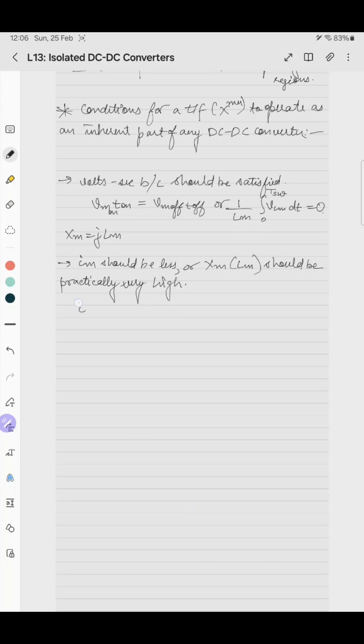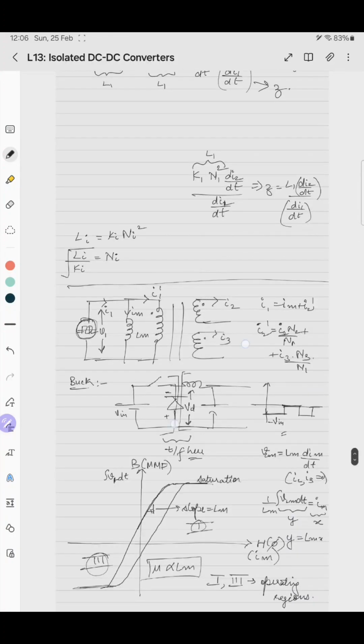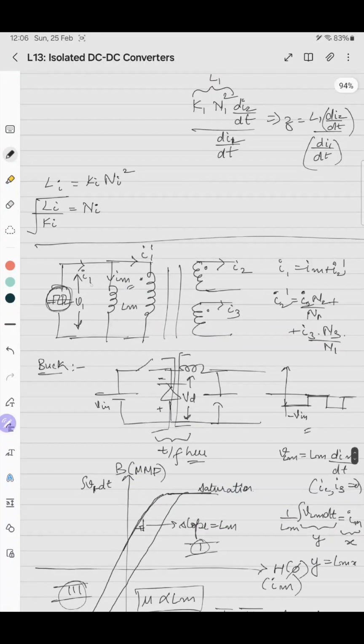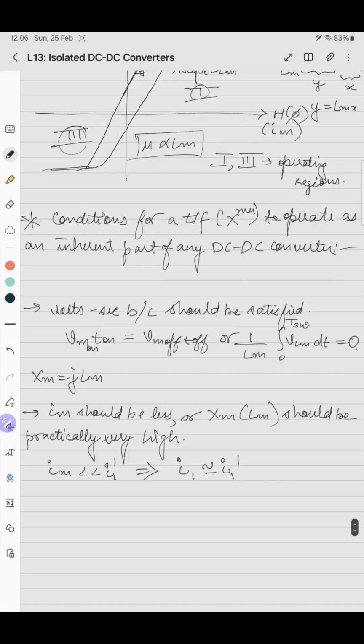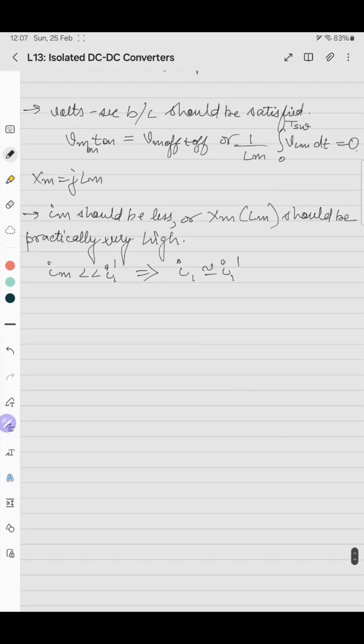This will result in Im being very less than I1 dash. So what you can write is that I1 is almost equal to I1 dash. If Im is negligible, I1 equals I1 dash. So this is the assumption. That's why it behaves as an ideal transformer.